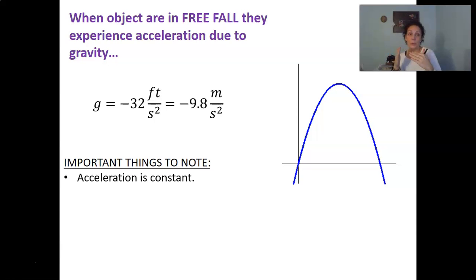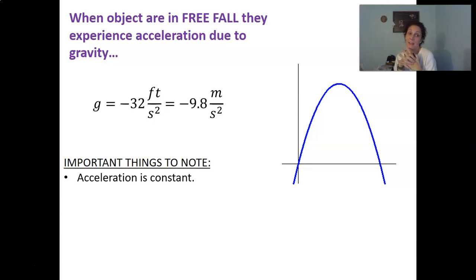And depending on your system of units, that number will be different. So if you're working in MKS, meters, kilograms, and seconds, it will be negative 9.8 meters per second squared. In other words, the velocity is increasing in the negative direction by 9.8 meters per second every second. In other words, gravity is trying to pull it down. Right? That's where the negative comes from.